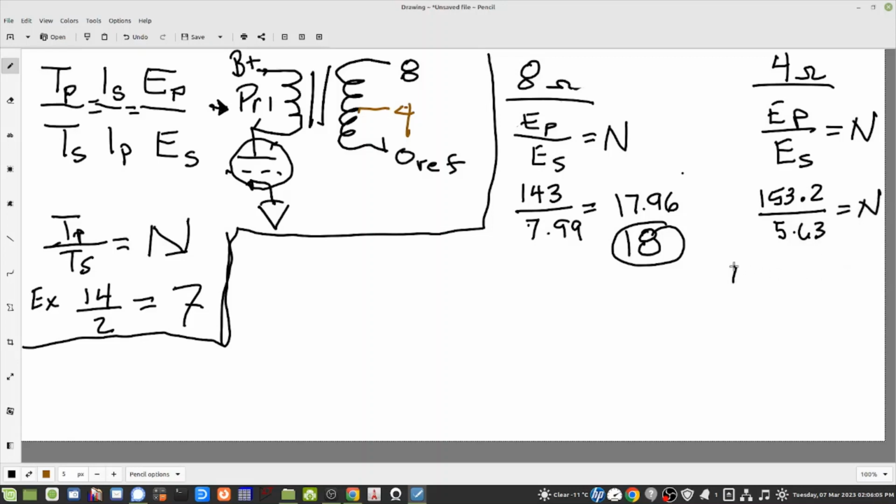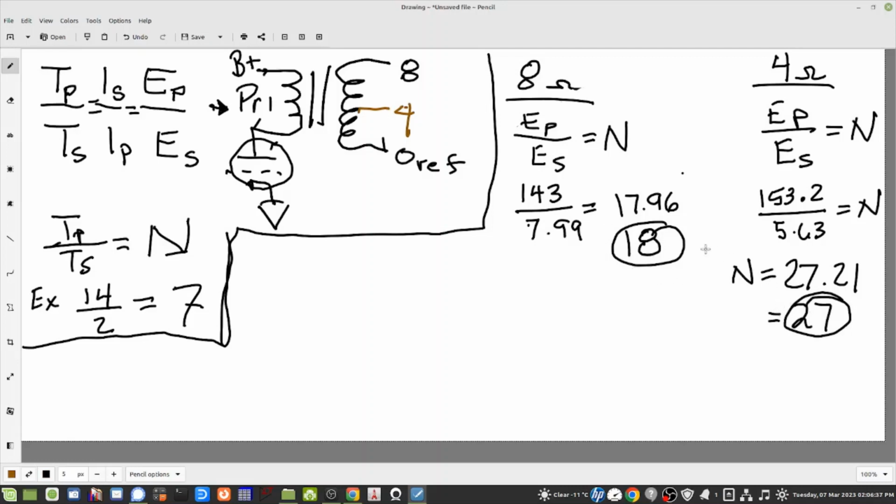And so our turns ratio N equals, I'll use a calculator here, 153.2 over 5.63 is 27.21, and we'll just call that 27 for making easy multiplications.